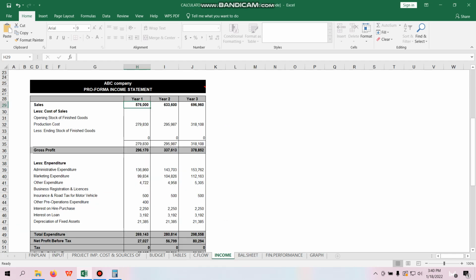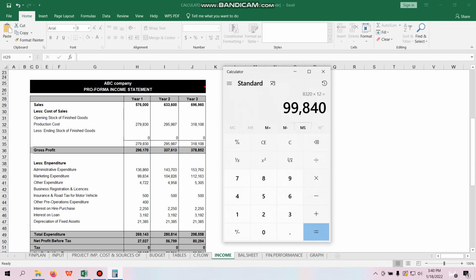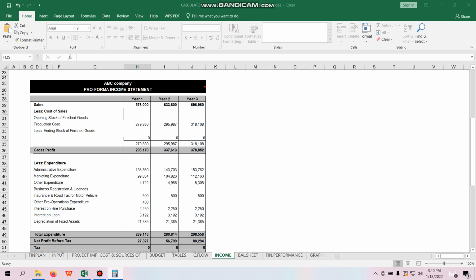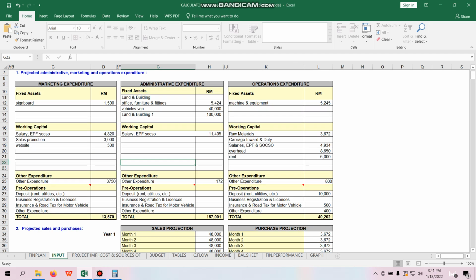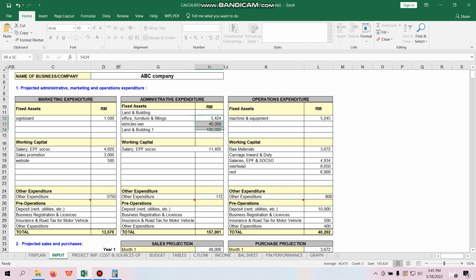You can see that this value, 998,480, is almost equal to this value, give or take. As I said earlier, you must maximize your sales and minimize this kind of expenditure. The worst part of this expenditure comes from admin, so somehow you need to work on the admin.